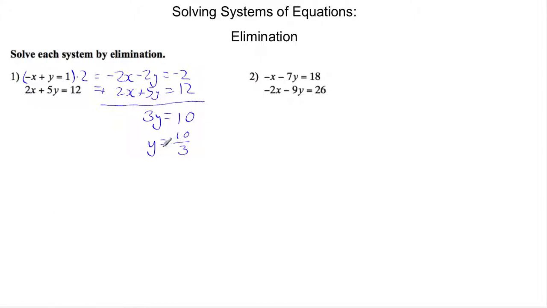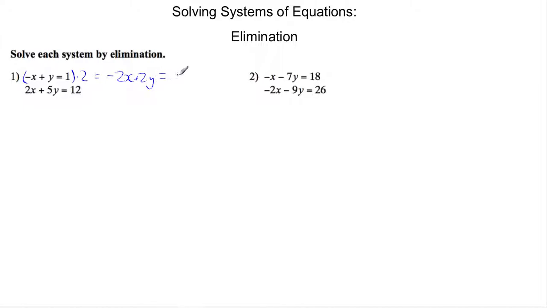Oh, actually, I made a mistake. I'm just multiplying this by a positive 2. So negative 2x, that should be a plus 2y, is equal to a positive 2.